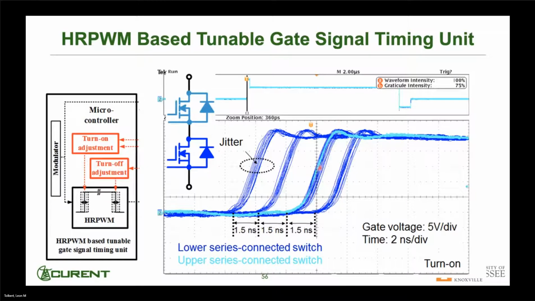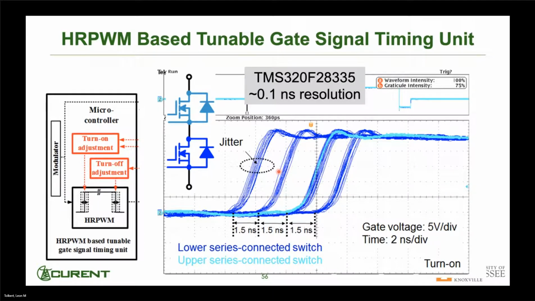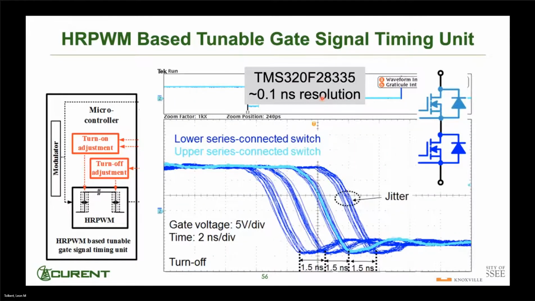The upper switch is here, and then the lower switch, we could either do it this direction or this direction a little bit. And our DSP actually had a resolution of about 0.1 nanosecond. So we're able to make that adjustment as needed.